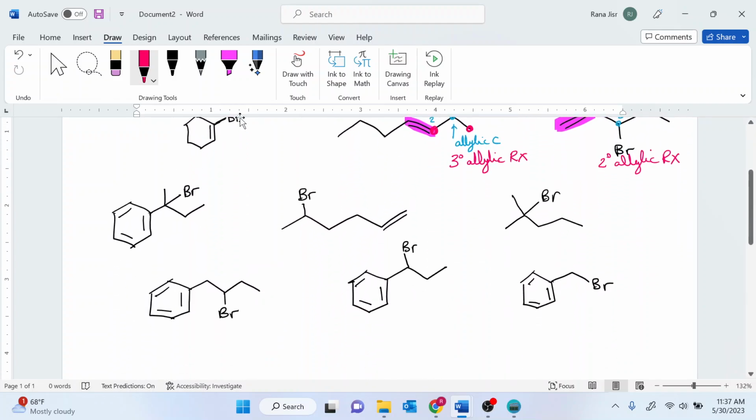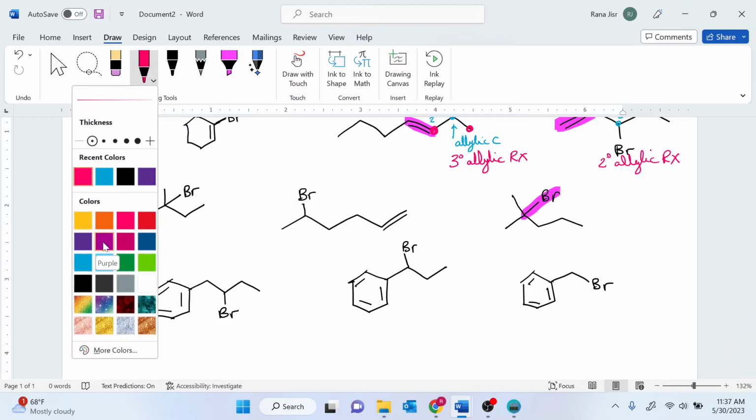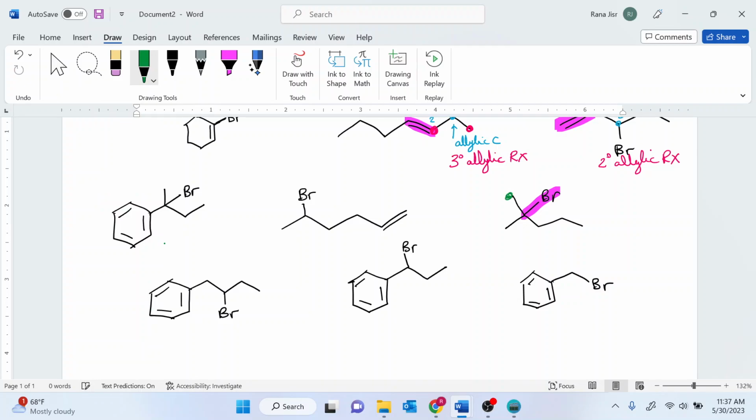This one over here is a regular tertiary alkyl halide. So this is my alkyl halide, and that alkyl halide is connected to carbons 1, 2, and 3. So it's a regular tertiary alkyl halide. Here, my alkyl halide is far away from the double bond.